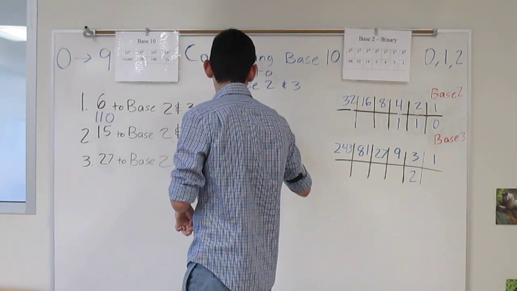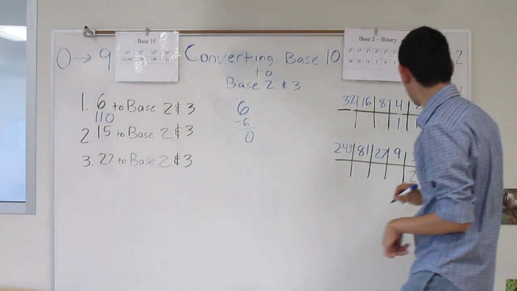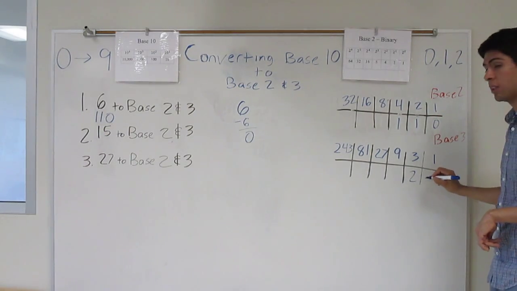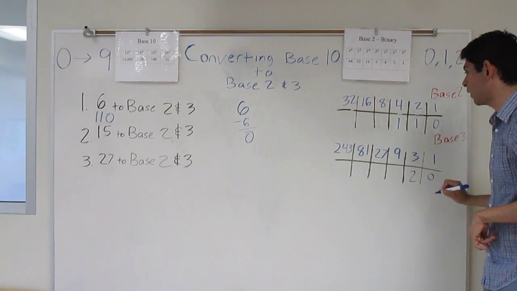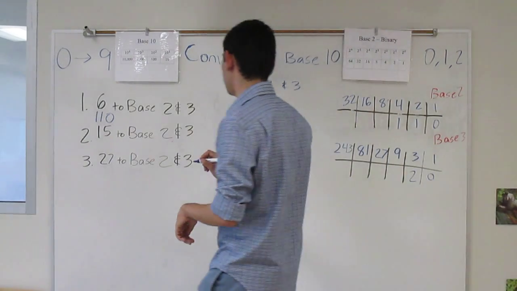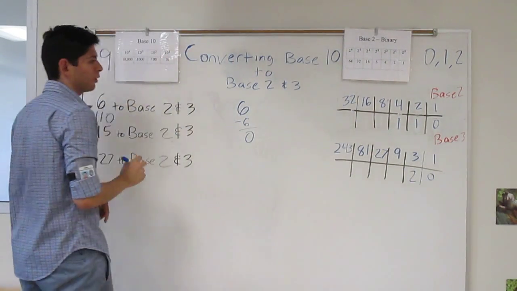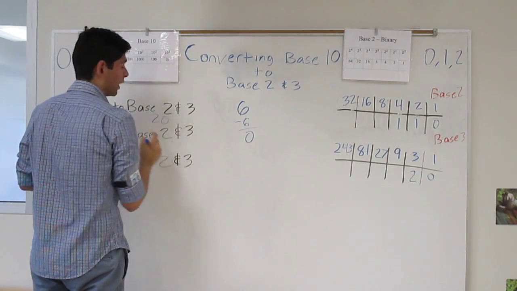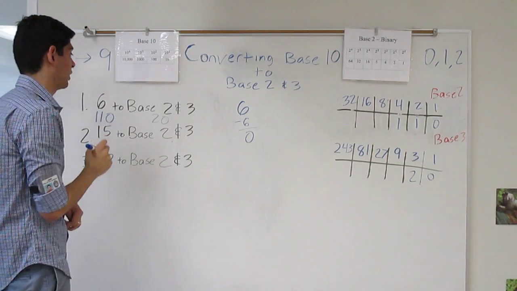And it'll give us a remainder of 0. Now, again, same thing over here. We did not use the 1s, but we still have a place value, so we'll just place a 0. And in base 3, the number will be 2, 0. Not 20, but 2 and 0.